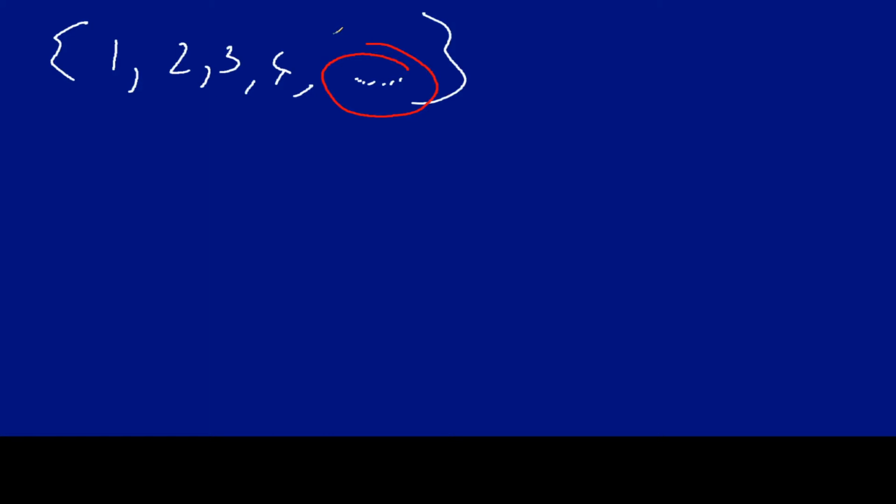It doesn't stop. But now we're doing it slightly differently. We're going to have our ellipses, and then a terminal point. In other words, there comes a point where the sequence comes to an end, and that is what we're going to be looking at today.